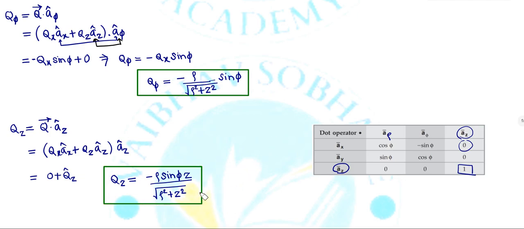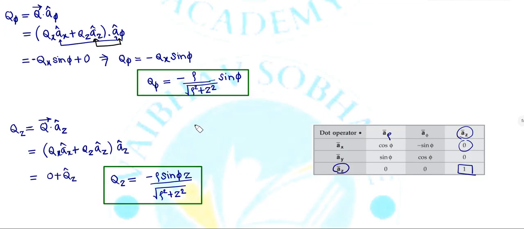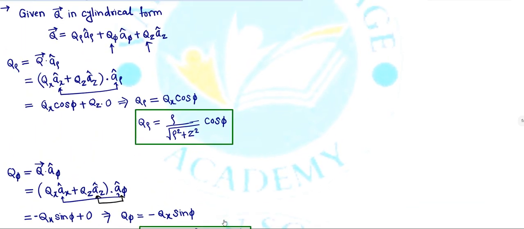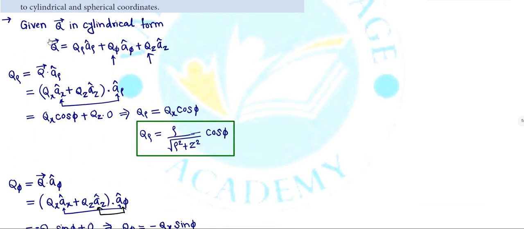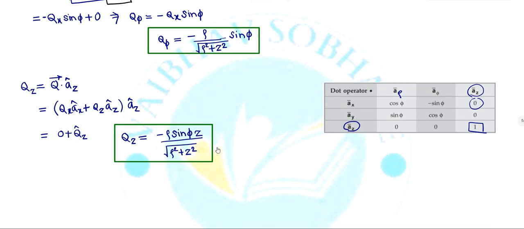Now you can put this value in your equation or expression that we have written over here, over here, yes, over here. So you just simply put the values of that rho, phi and z to get your answer in its cylindrical system. So let's rewrite this one again, rho, phi and z.